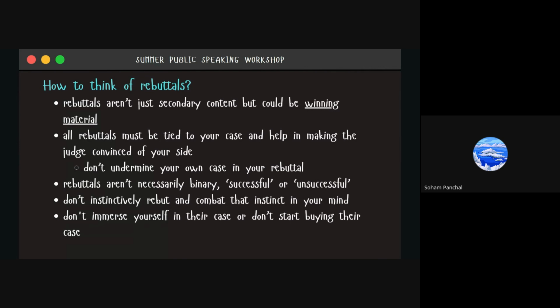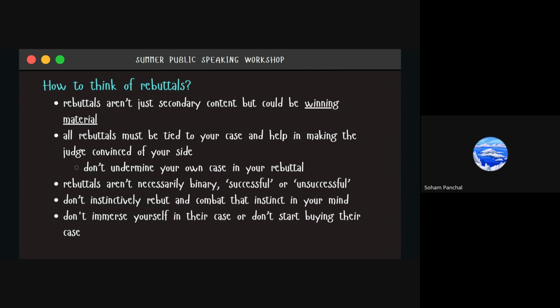In debating, time is very important, as you have a very limited amount of it. Due to the adrenaline of debating, you may instantly rebut, saying this is wrong, that is wrong. That should be avoided.